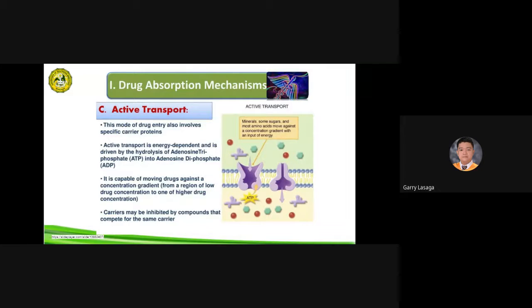When you are going to move potassium from the outside to the inside, that is also against the concentration gradient because potassium is normally more concentrated on the inside relative to the outside. So ano siya? Opposite the concentration gradient. So that is an active transport.